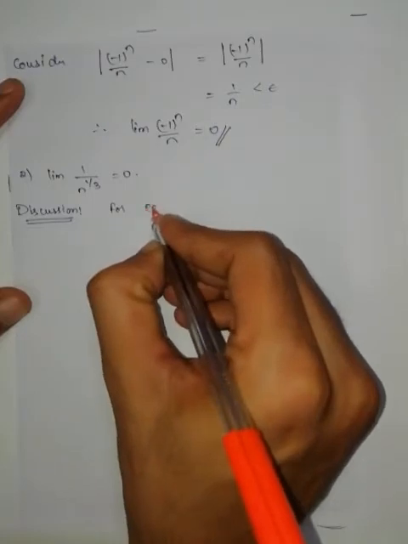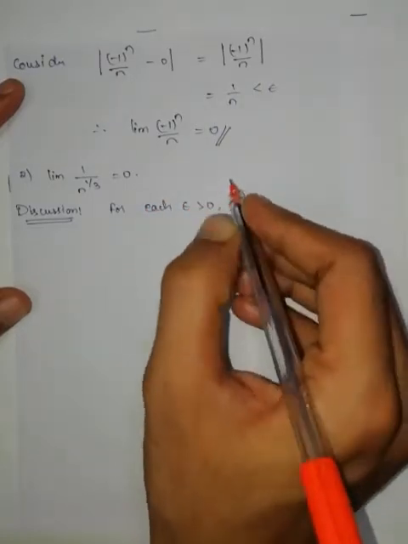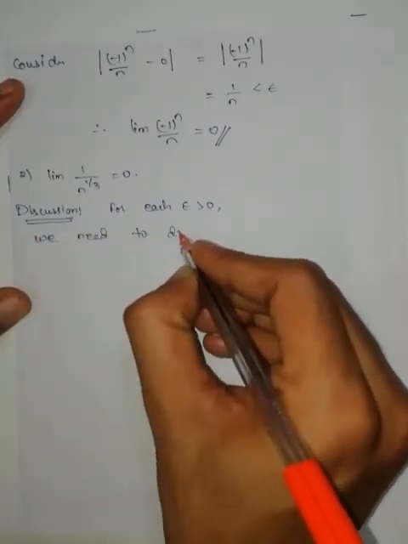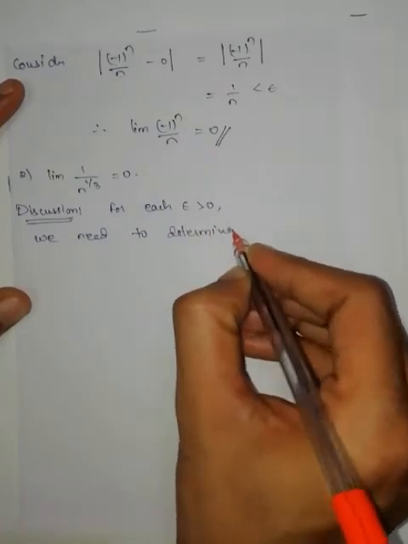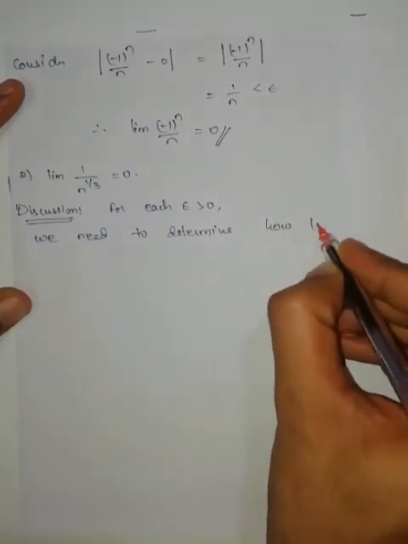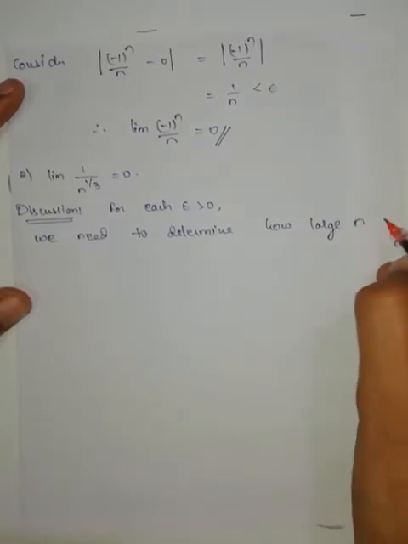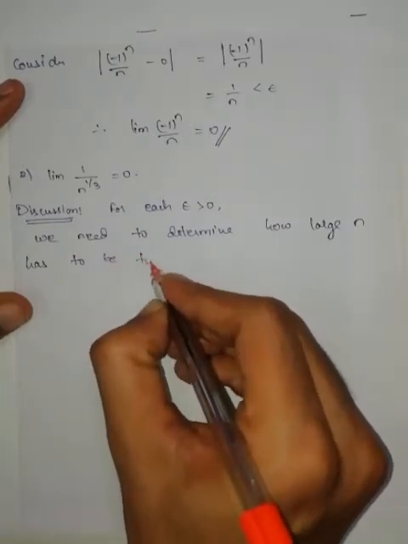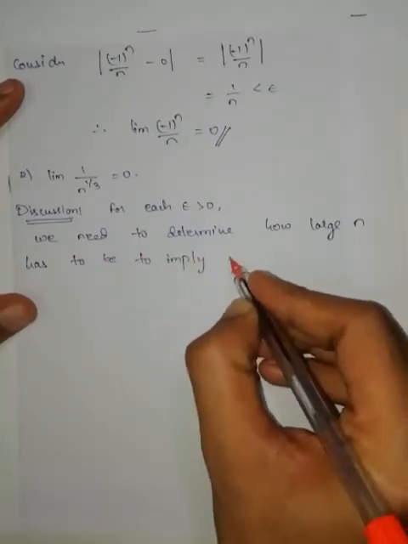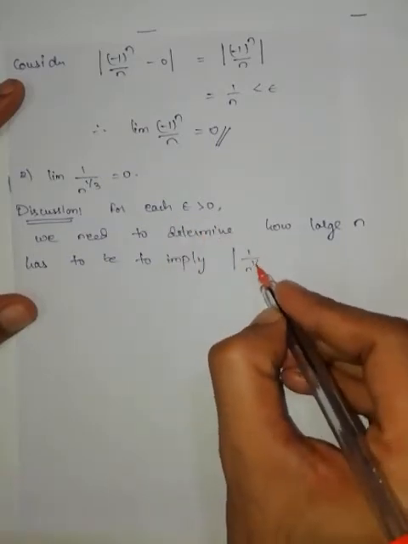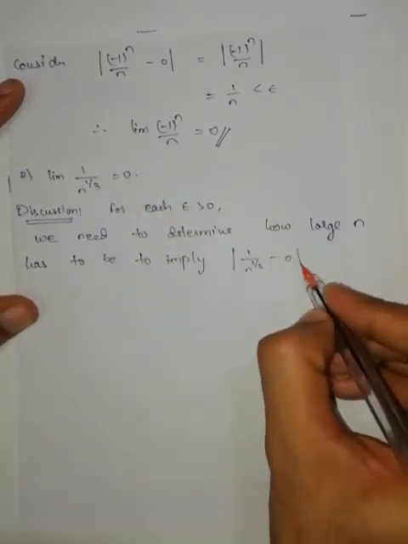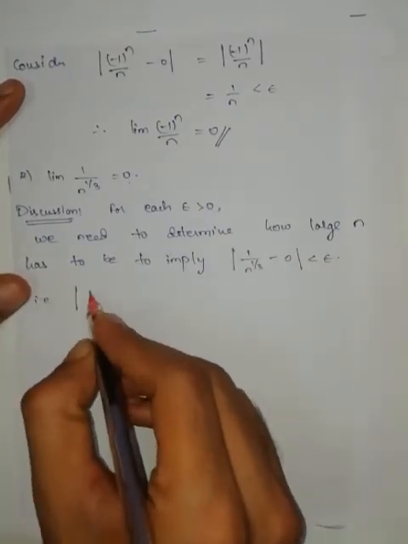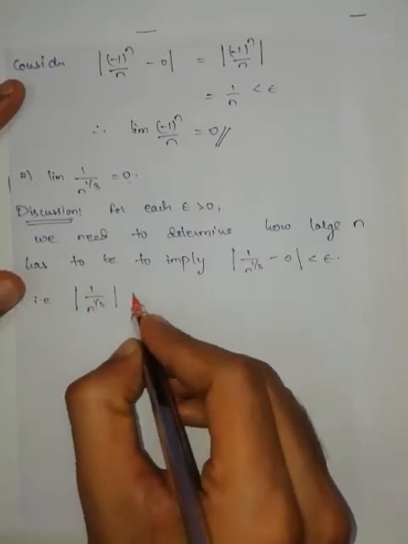For each epsilon greater than 0, we need to determine how large small n has to be to imply that modulus of 1 by n to the power of 1 by 3 minus 0 is less than epsilon. That is, modulus of 1 by n to the power of 1 by 3 is less than epsilon.